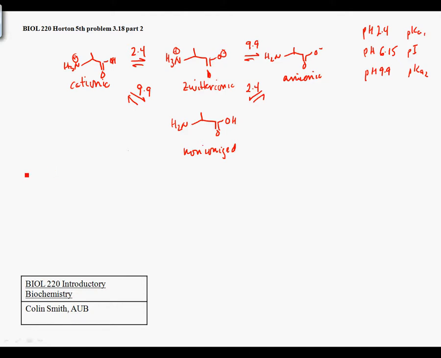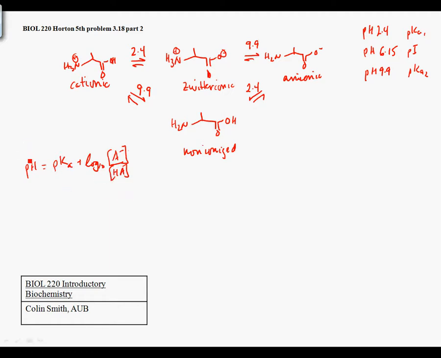So there's a couple of different ways we can approach this. We can use the Henderson-Hasselbalch equation, which is pH equals pKa plus log base 10 of the unprotonated over the protonated species. And we can use this at any pH to calculate what the ratio is.